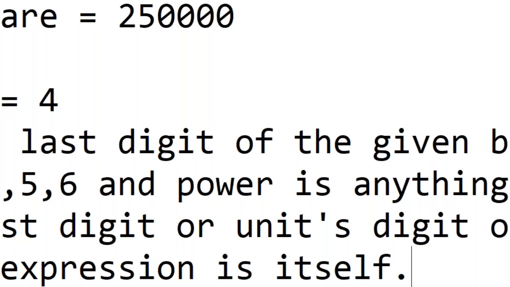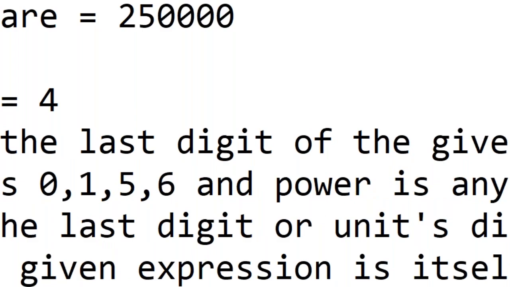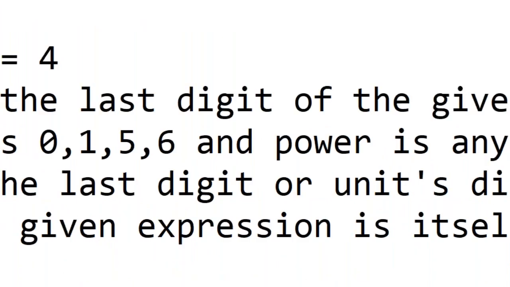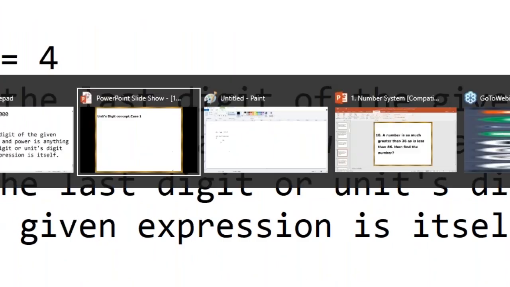So this point is applicable only when the last digit of the given base is 0, 1, 5, 6; that is not applicable for the other numbers. Understood all of you? So please understand, what is the value of 0 power 1?